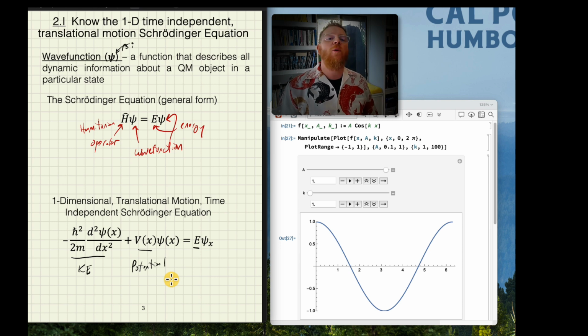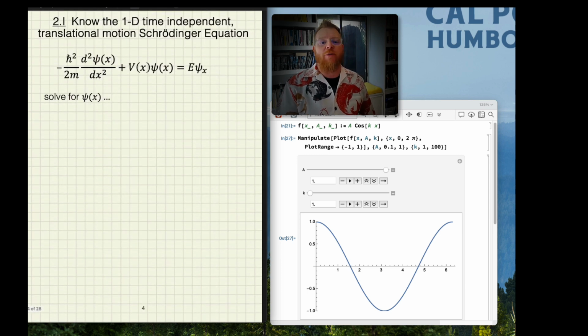So our goal in setting up the Schrödinger equation is to find a solution for psi, to find a solution for the wave function. So this is a second order differential equation, and there is a standard process to solve that. So I'm going to set that up for you now, and again, we'll go through this in much more detail in class. So the first thing that I want to do is collect like terms with like terms. And I'm going to do that by subtracting the potential energy over.